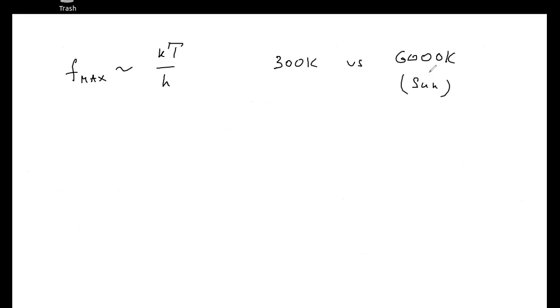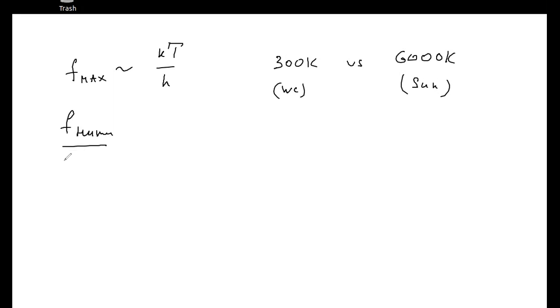And the typical frequency corresponds to visible light, yellow color. What can you say about our frequency for the human body? Yeah, it's infrared. The frequency is lower by what factor? 20 times.